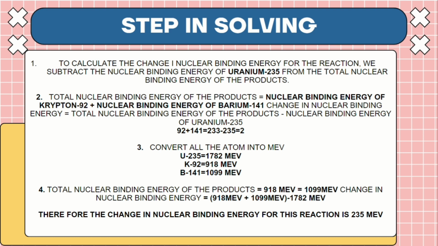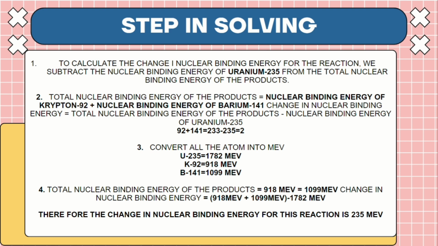Step 2: The total nuclear binding energy of the products is equal to the nuclear binding energy of krypton-92 plus the nuclear binding energy of barium-141. The change in nuclear binding energy is equal to the total nuclear binding energy of the products minus the nuclear binding energy of uranium-235. So 92 plus 141 is equal to 233, minus 235 is equal to 2.